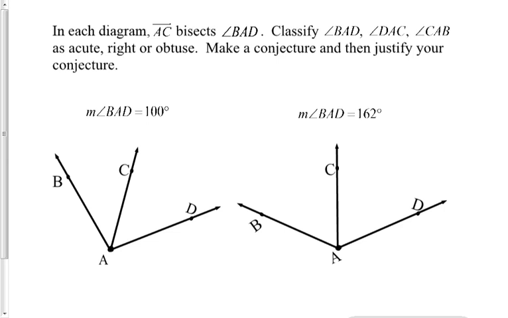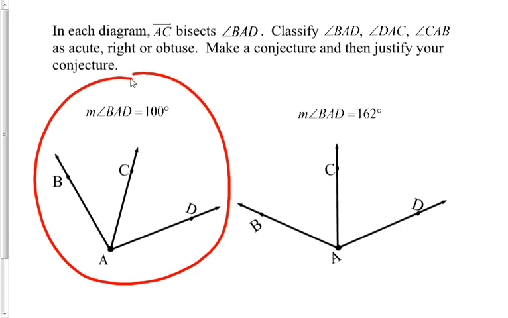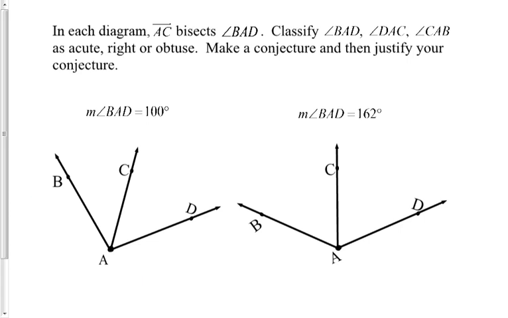Okay. So let's start over here on the left, right? We have angle BAD, and they're telling us that it equals 100 degrees. So obviously we know that angle BAD is obtuse because it's greater than 90 degrees. Now, angle DAC, right here, we can see that angle is definitely less than 90.